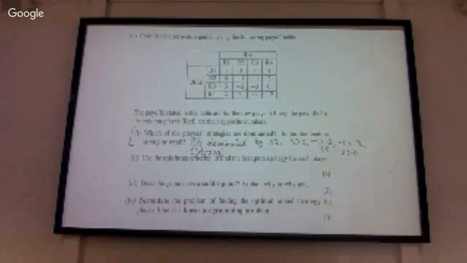Is there any other domination? Yes? Is R1 weakly dominated by R4?